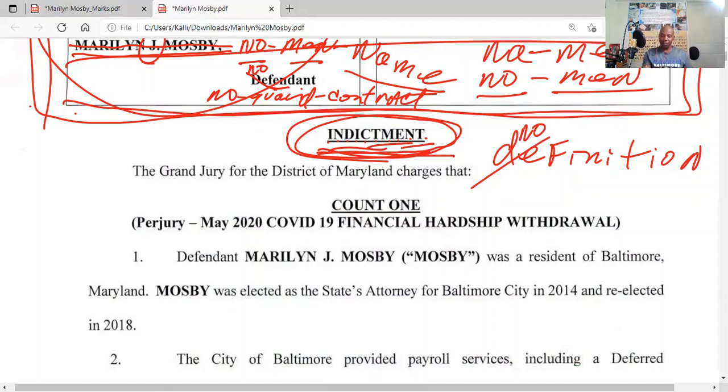It is a negation. The synonym for negative is negation, and the synonym for negation is no. So basically this says no finition, right? No finite contract. So there's no heading or title of this document. So far everything up here is void, right?